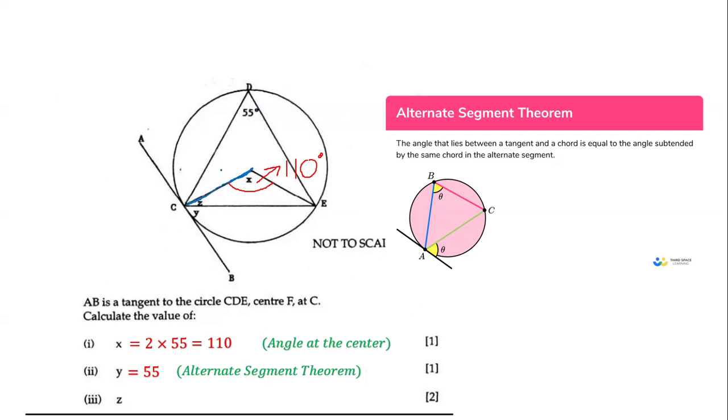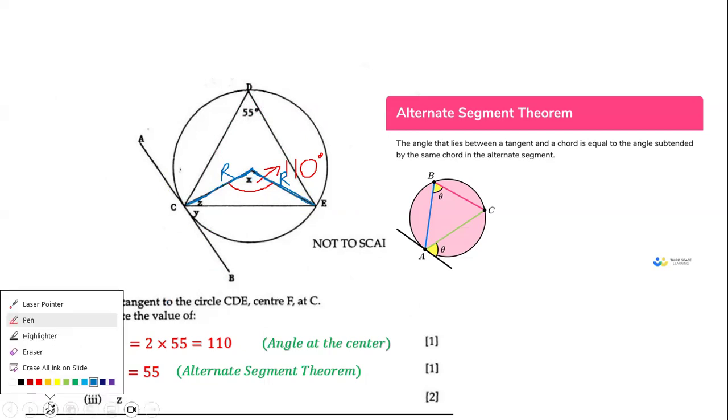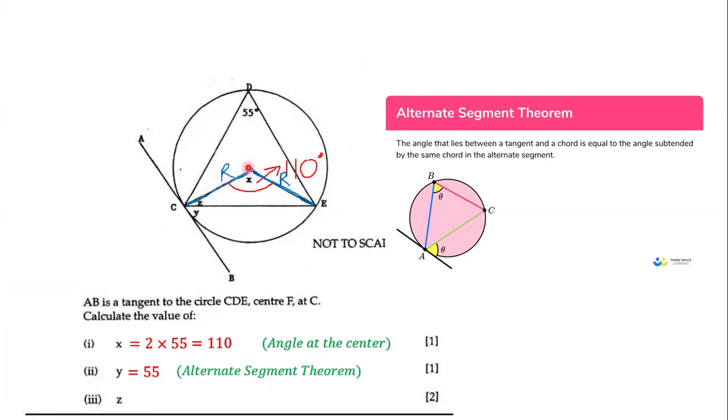So this would be what we call a radius of the circle. And this line also starts at the center and ends at the circumference, and we call that also a radius. And so both of these lines are the radius of this circle, which means that these two lines here are equal.